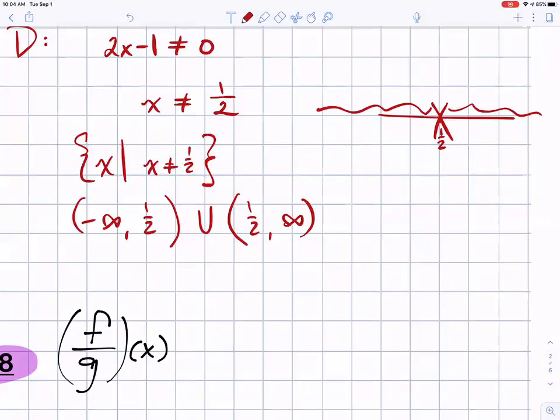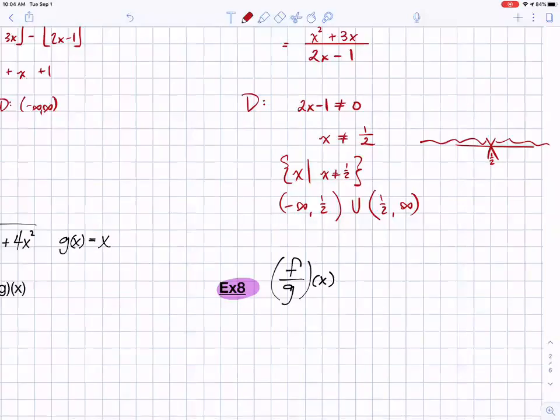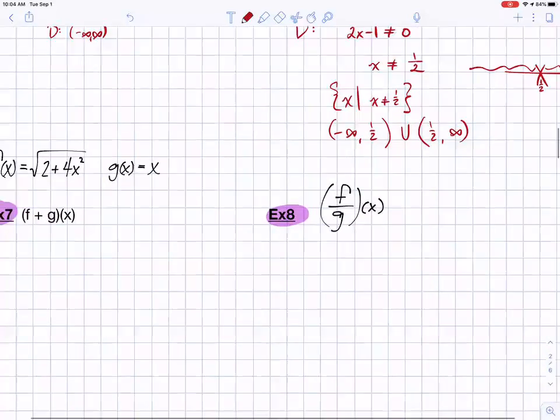Mm-hmm. But an asymptote is a place where my X values cannot be equal to anything. Remember, an asymptote is no man's land. You're not allowed to touch it, because X can't equal it. Okay. So that's domain then for using one of your domain questions.